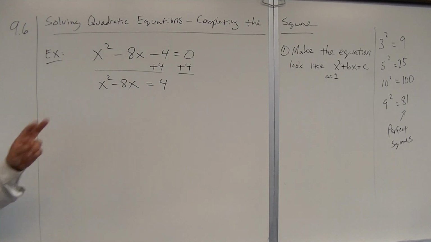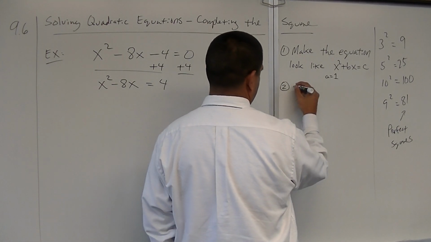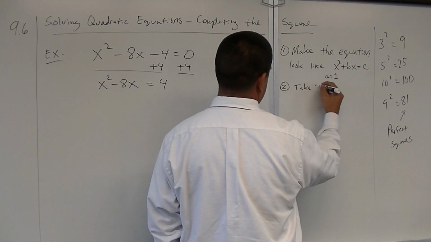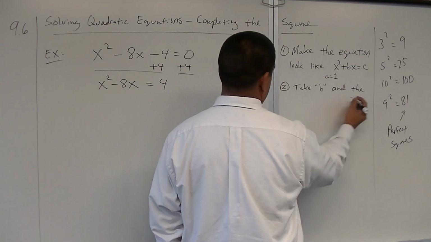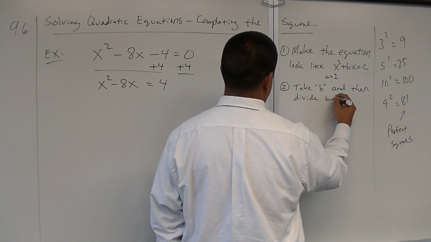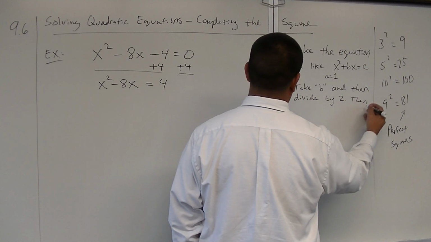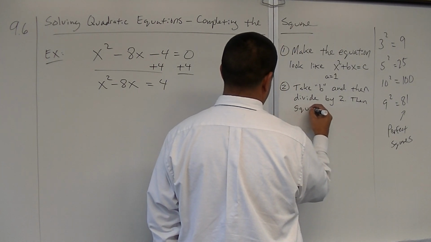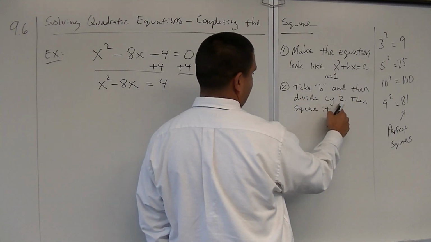Now we go to step 2. Step 2 is we take b, find b, and divide it by 2.